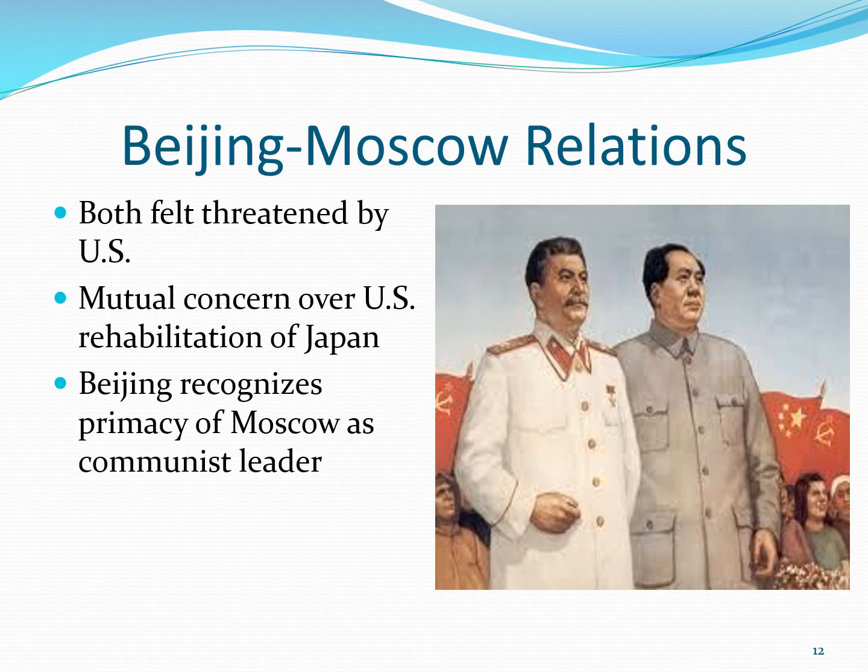Now, first of all, one of the things that Stalin insisted upon is if they were going to have a mutual, I guess you would say, relationship, he insisted that Moscow, under his leadership, of course, be seen as the primary communist capital. And so ultimately we will see that Mao at Beijing will recognize the primacy of Moscow under Stalin as the communist leader of the world.